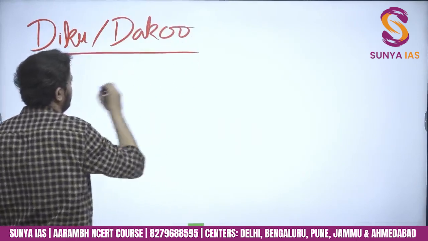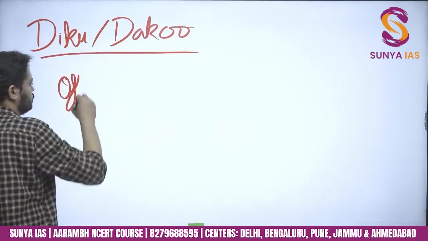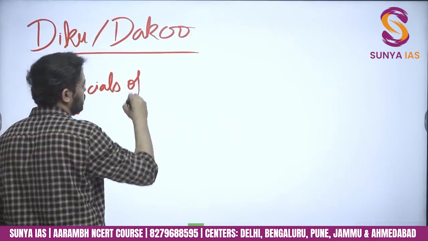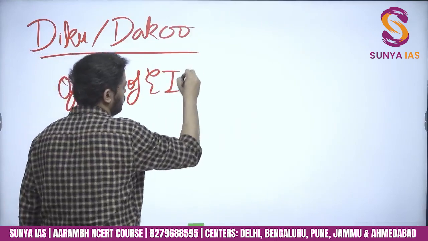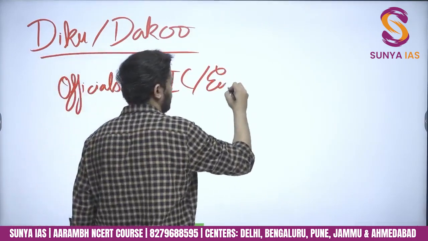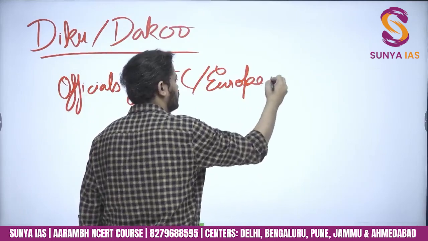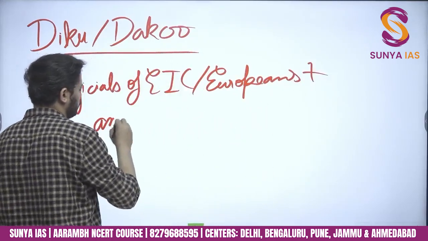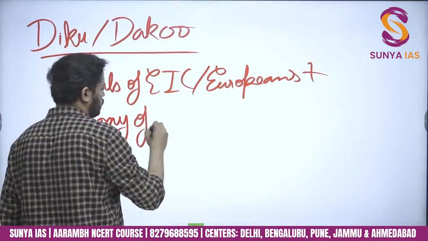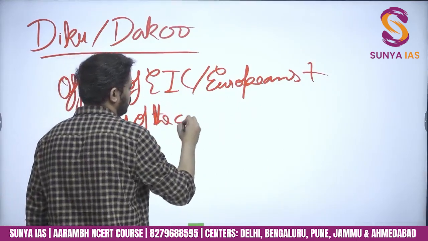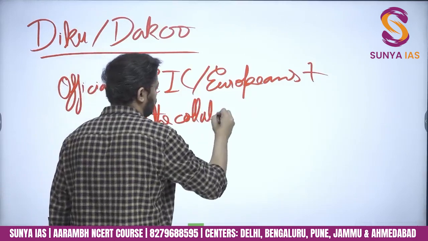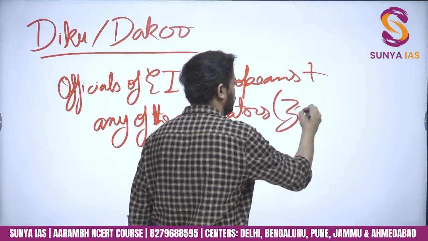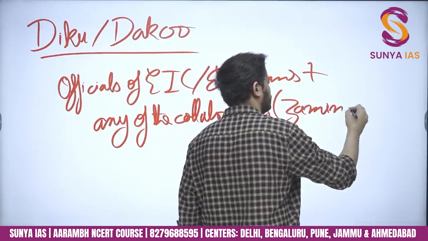either the officials of the East India Company, okay, Europeans, basically Europeans, or plus any of their collaborators. So any native collaborators, any of the zamindars, were also considered part of these Dakus only.